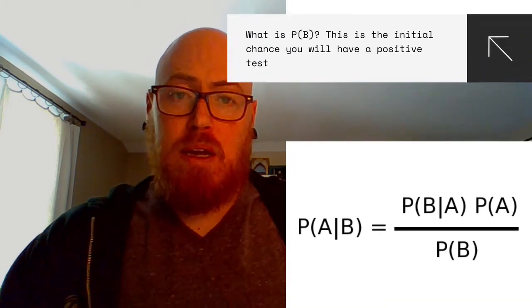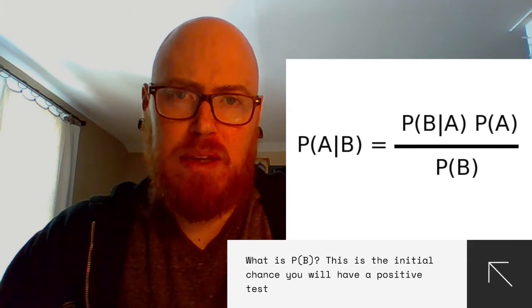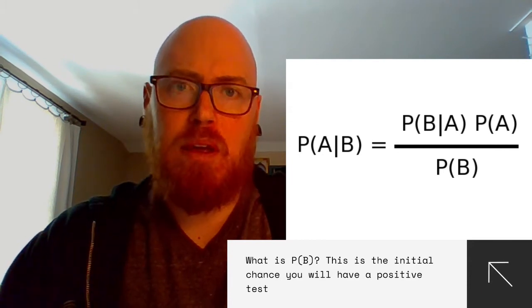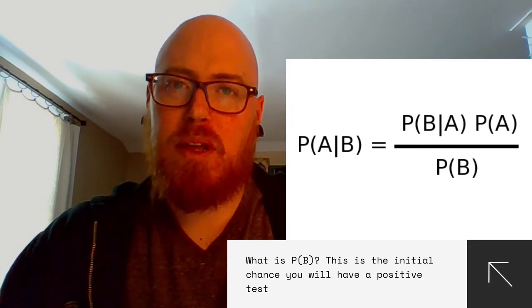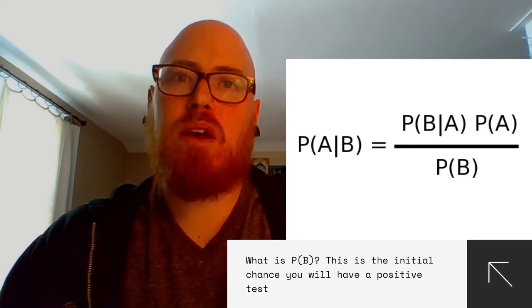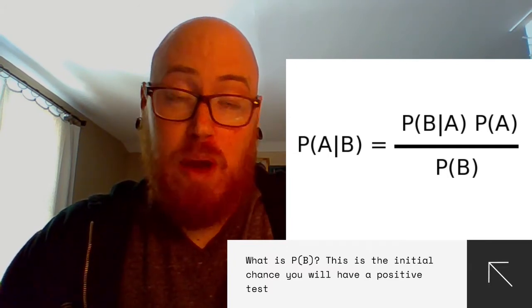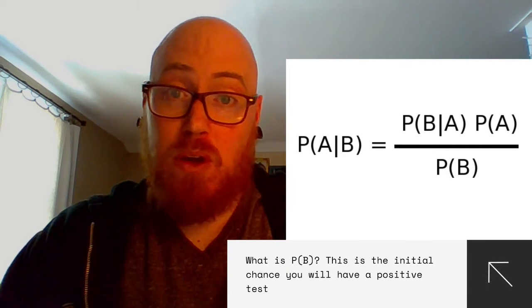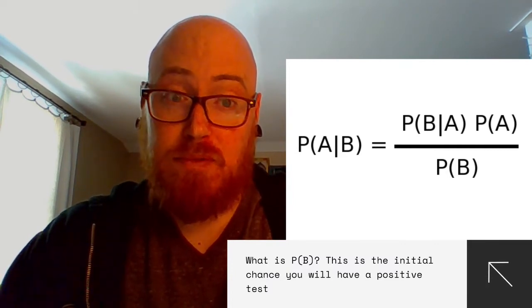Okay. Now, what is the probability of B? The probability of B is the prior or initial probability that you will have a positive test, right? So that's just the probability of having a positive test, regardless of whether or not we know you have strep throat. Regardless of whether or not we know you have strep throat, what's just the prior probability of the test being positive?